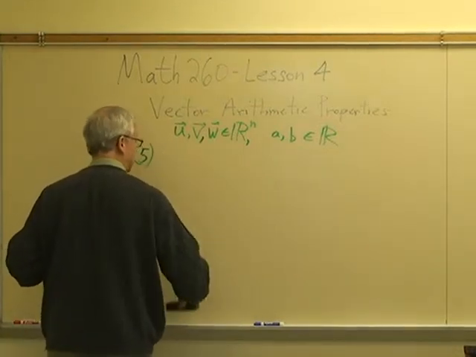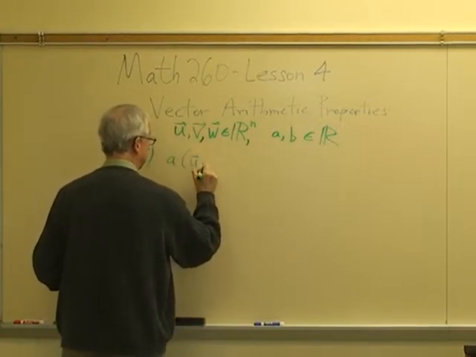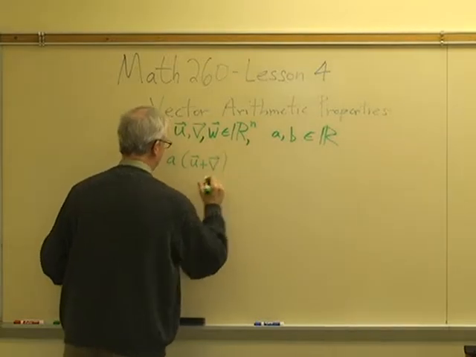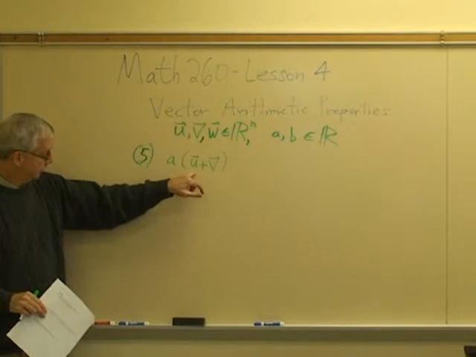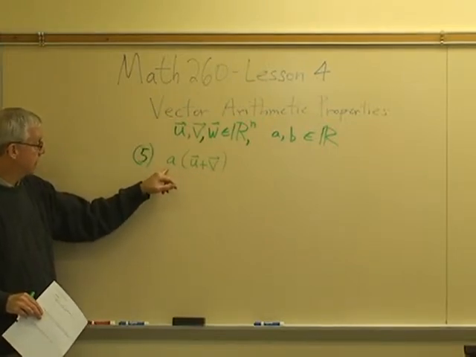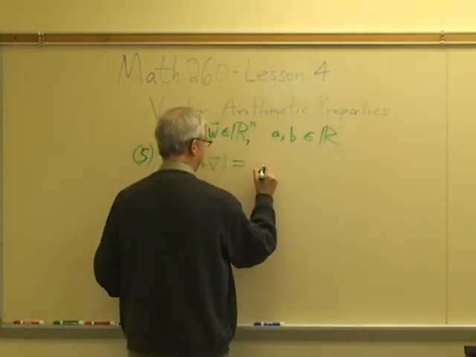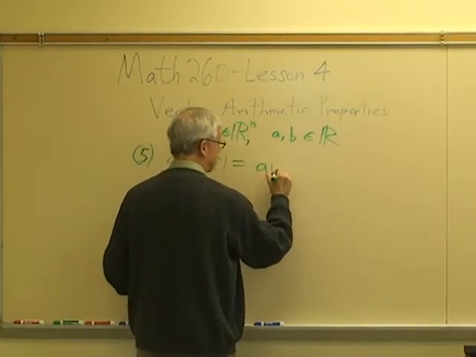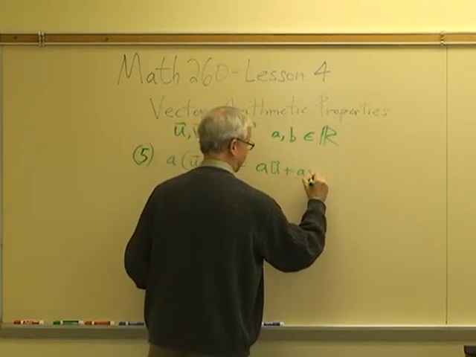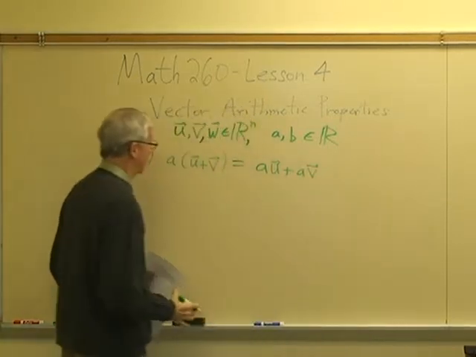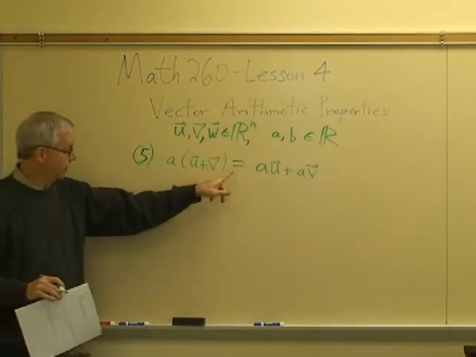A, consistent with my symbols, A times (U plus V). So if I add two vectors together to get a single vector, and then take that answer and scale it by the constant A, I get the same result as if I scale each one individually and then add them. This is the distributivity of scalar multiplication over vector addition.